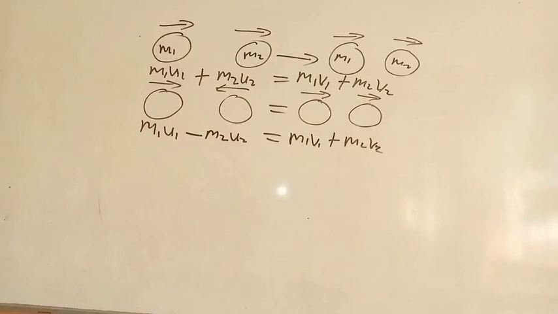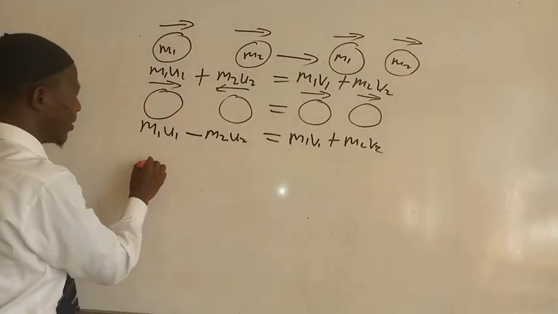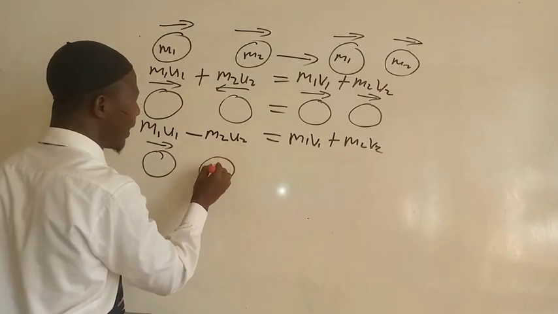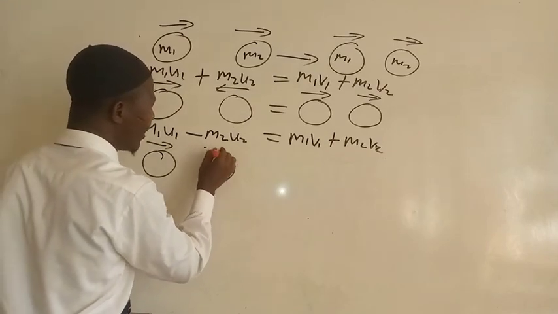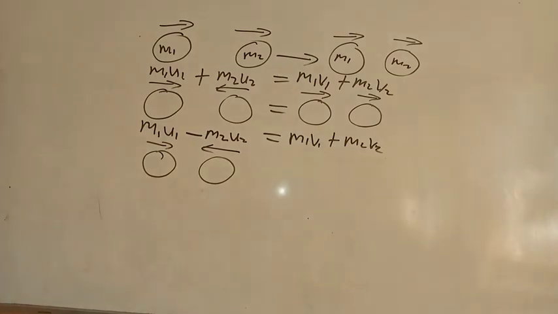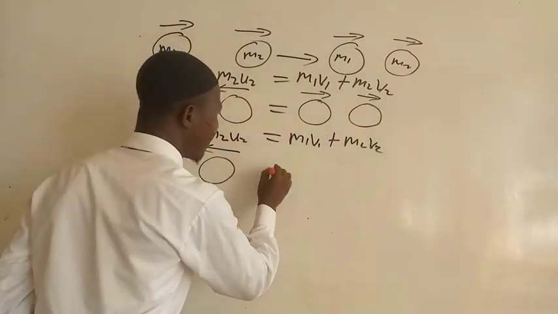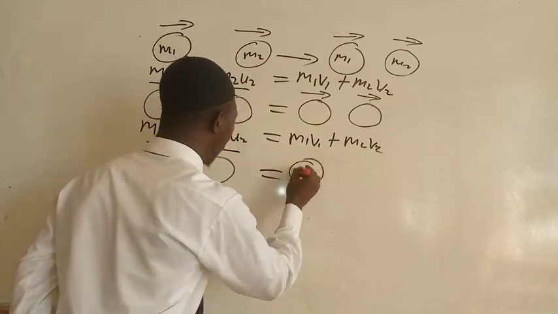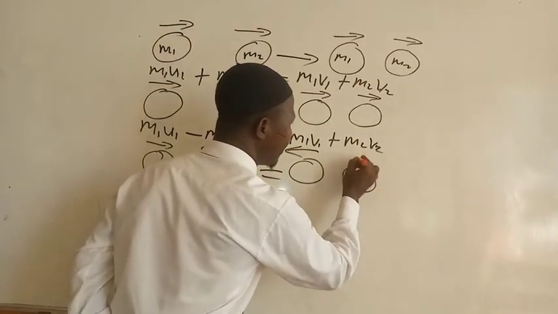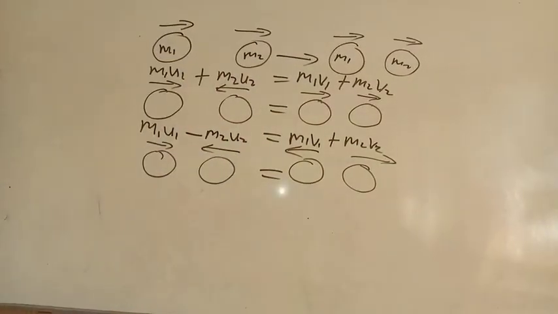That's all. Then what if you have it like this? We have this one going like this, and this one coming in this direction. But after collision, this one goes back like this, and this one goes like this. Just follow the direction.